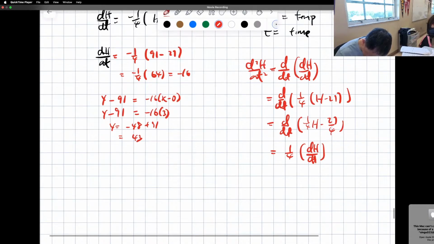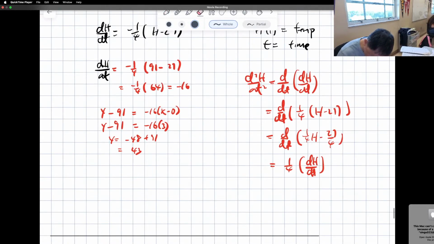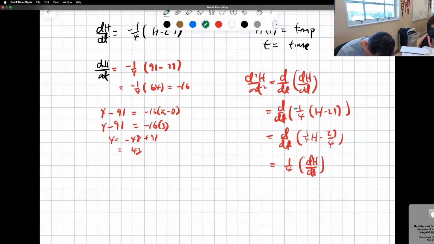And we can substitute dh/dt is negative 1/4 times (h minus 27). So it'll be negative 1/4 times negative 1/4 times (h minus 27), which is equal to 1/16 times (h minus 27).